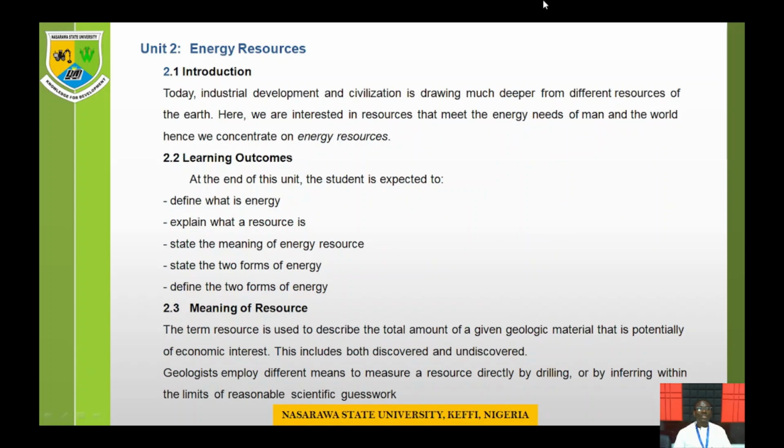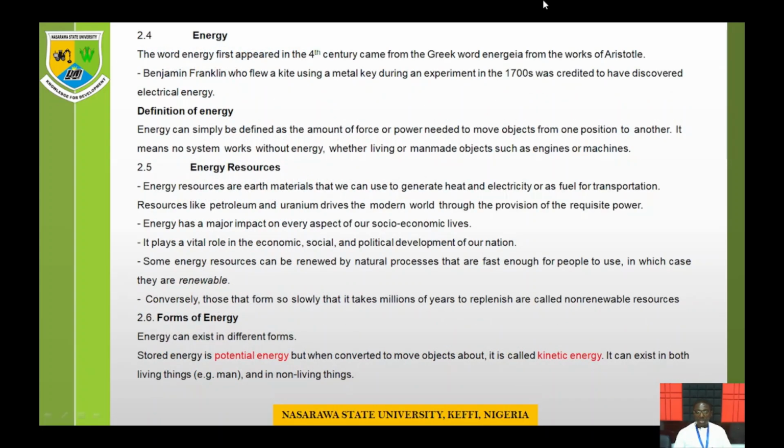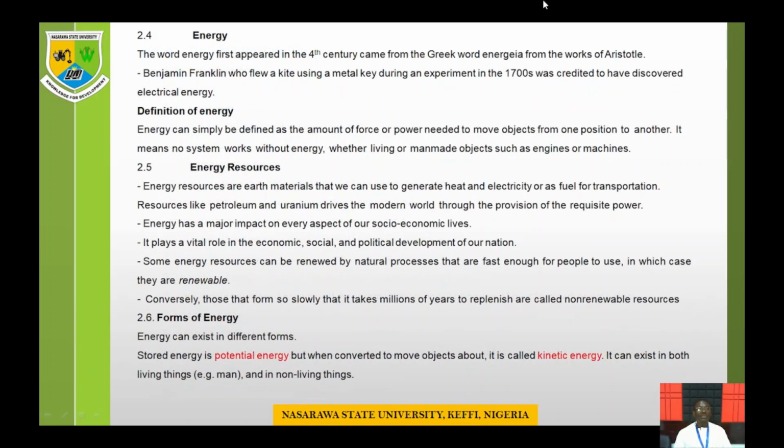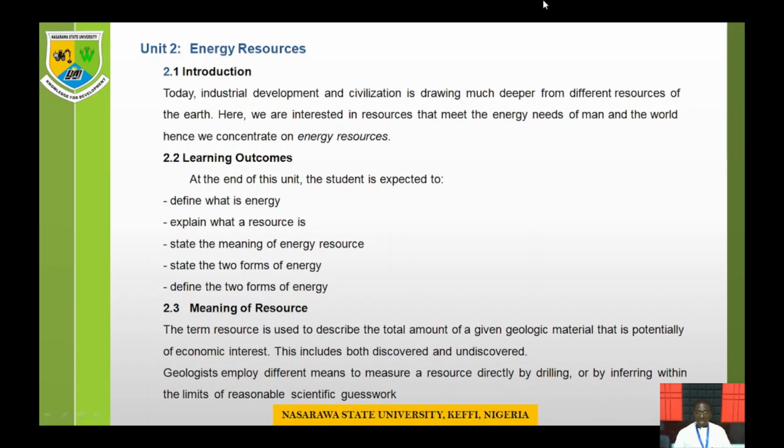Now, the second topic we want to look at is energy resources. We know that no society develops beyond its level of energy utilization. What it means is that any society that is able to harness and utilize its energy potential is likely to be higher up the ladder of development than others.